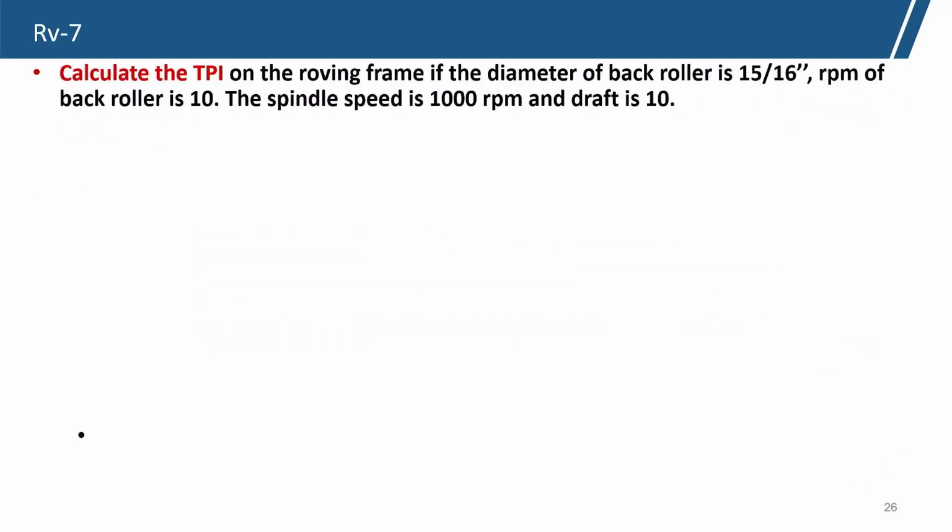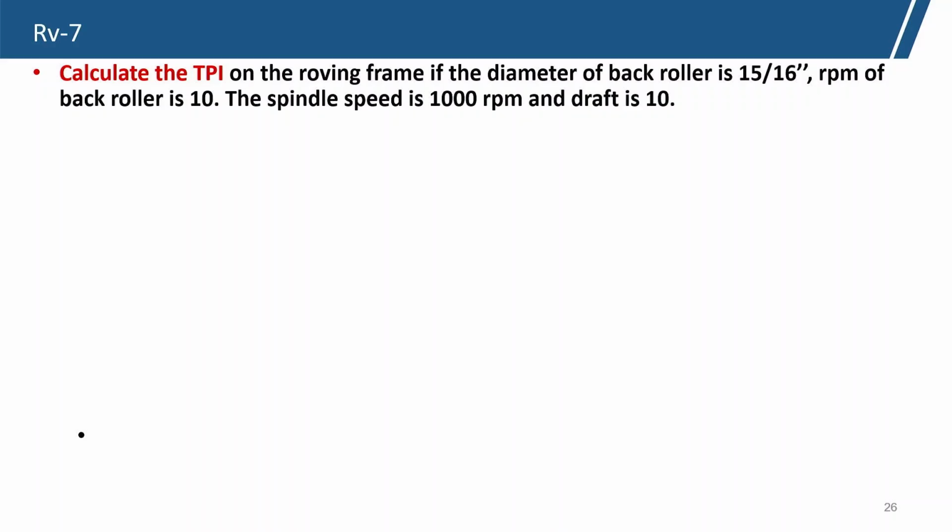This is also a very simple one. Calculate the twist per inch on the roving frame if the diameter of the back roller is 15 by 16 inch and the RPM of the back roller is 10.